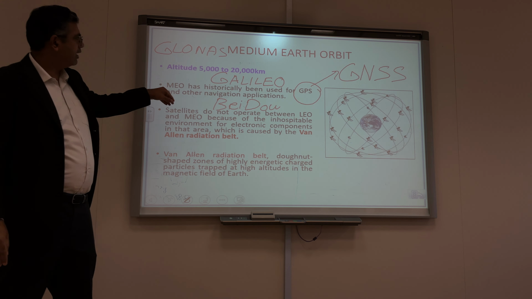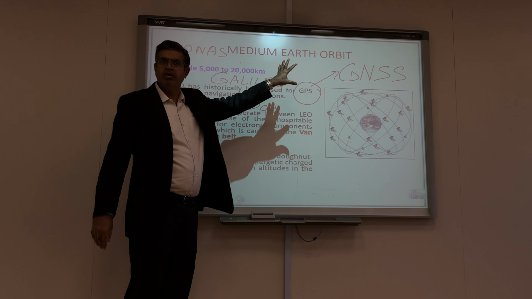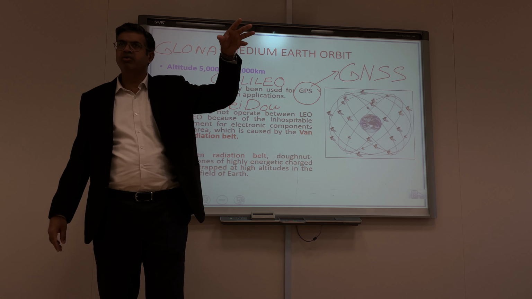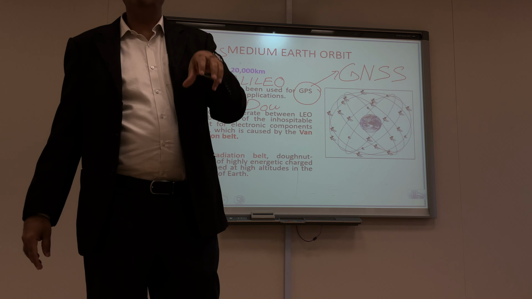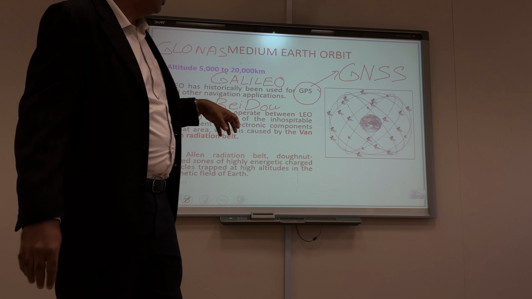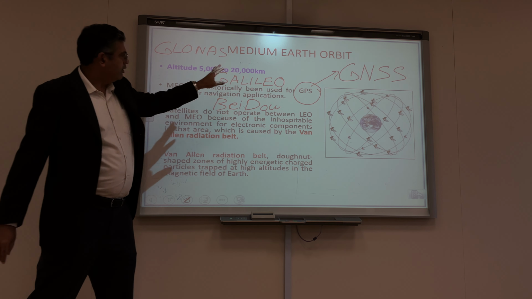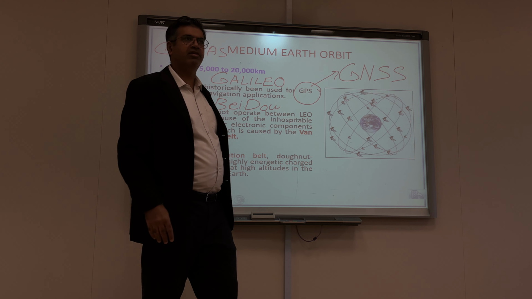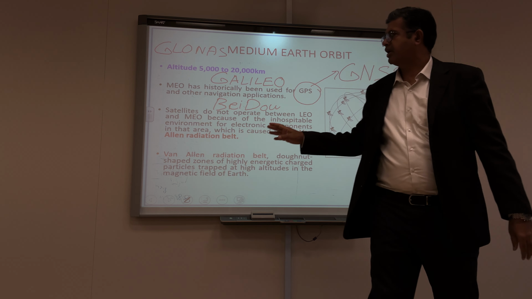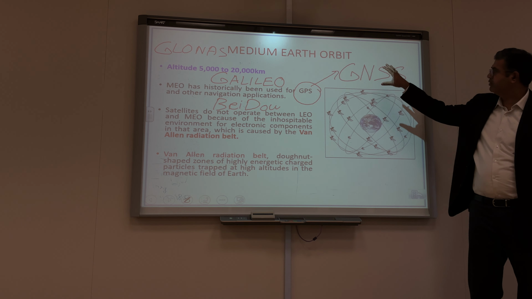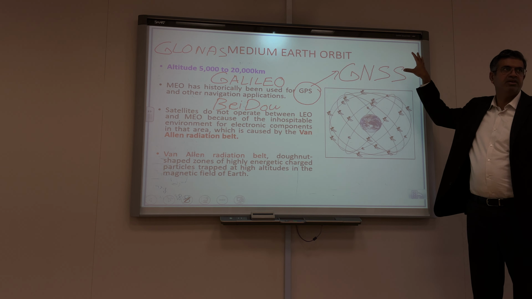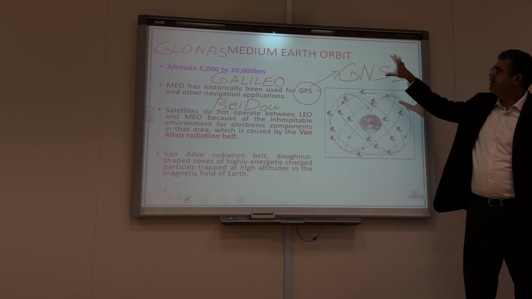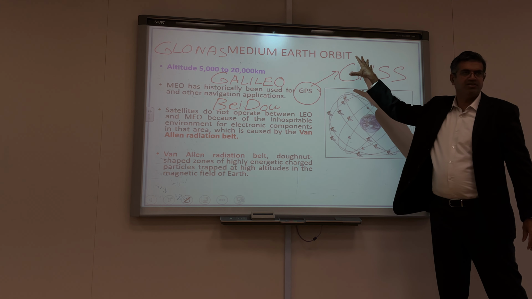Okay. Now they are the same thing. They are all navigation satellites. They are helping you to determine your position on the Earth's surface. And GPS is also one of them. Since GPS was the oldest navigation satellite system, most of the time we use the word GPS, but actually it is the Global Navigation Satellite System, and GPS is a part of GNSS.